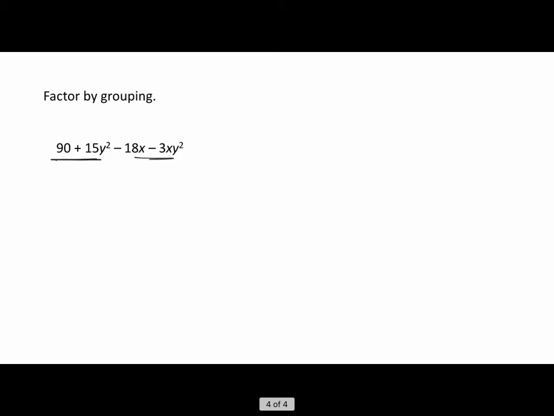Our next example, I'm going to group these in pairs and see what the greatest common factor... Oh, hold on. Maybe I'm going to do something else first, and that is, is there a common factor for all of these terms? Because if there is, I want to factor that out first.